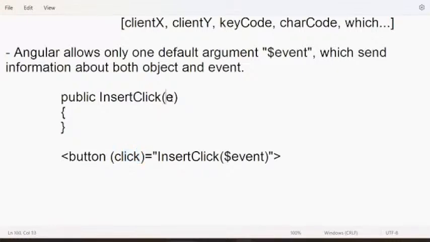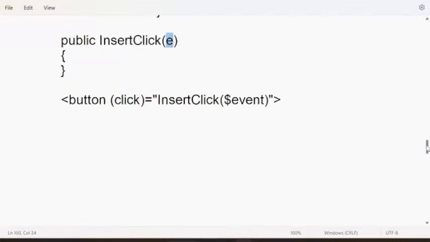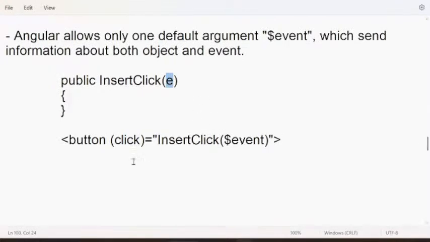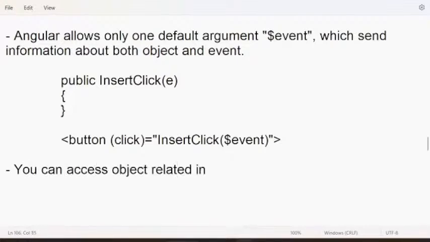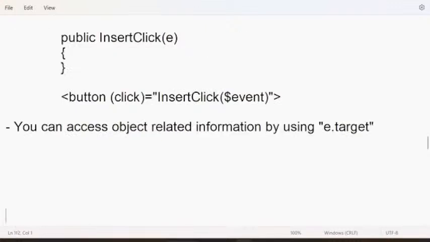That means now e is having what details? e is having both object and event details. How to access object details? You can access object related information by using e.target.